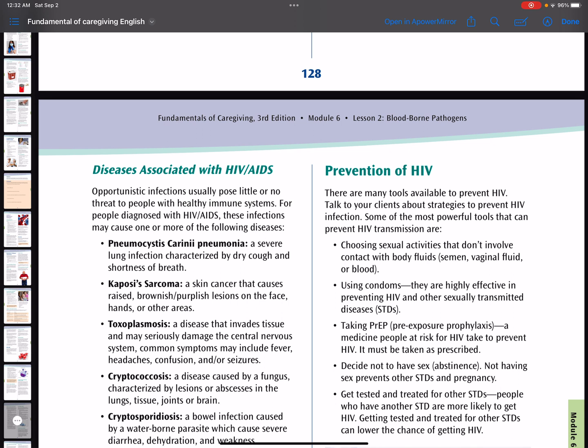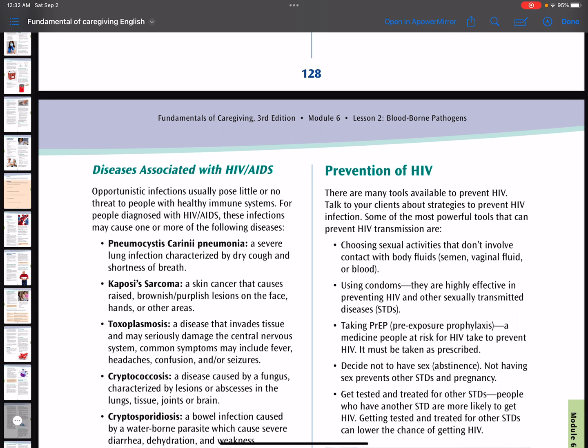Without treatment, a person has an average of 10 years between the time of the initial infection with HIV and the start of the symptoms of AIDS. Opportunistic infections usually pose little or no threat to people with healthy immune systems. But these opportunistic infections are very dangerous for people who are diagnosed with HIV or AIDS.